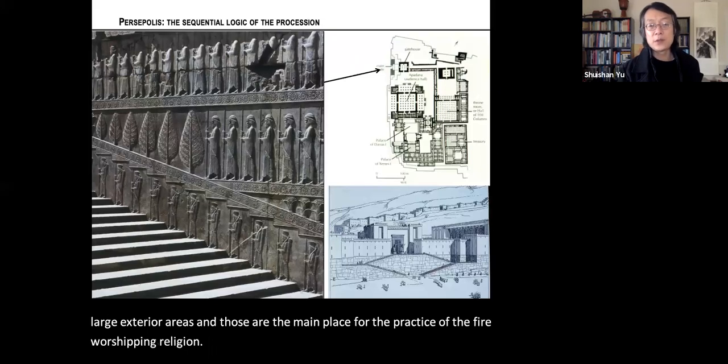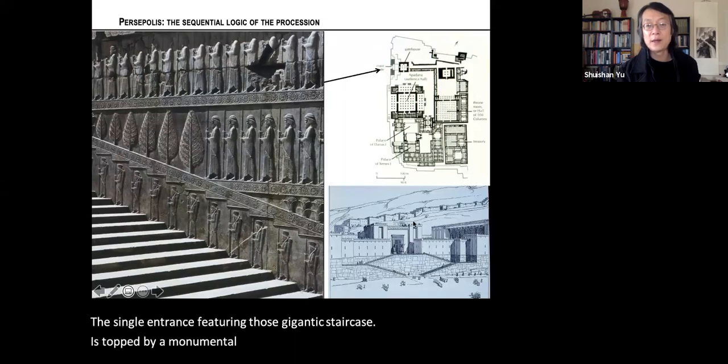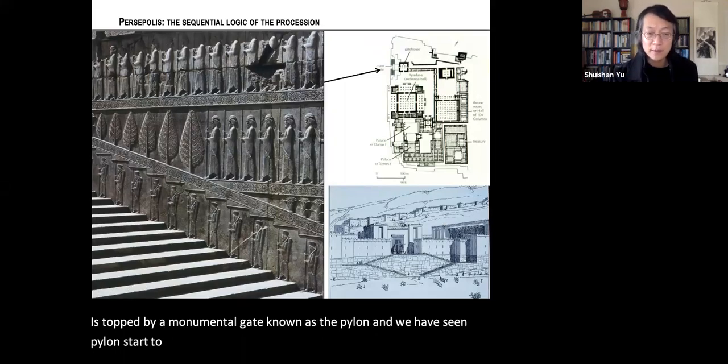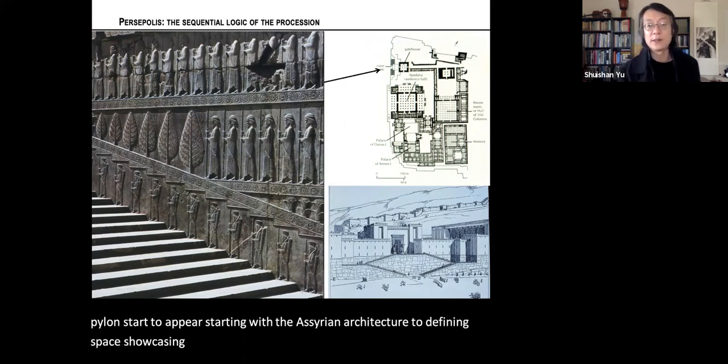The single entrance featuring those gigantic staircases is topped by a monumental gate known as the pylon. We have seen pylons start to appear with Assyrian architecture, defining space and showcasing military parades.